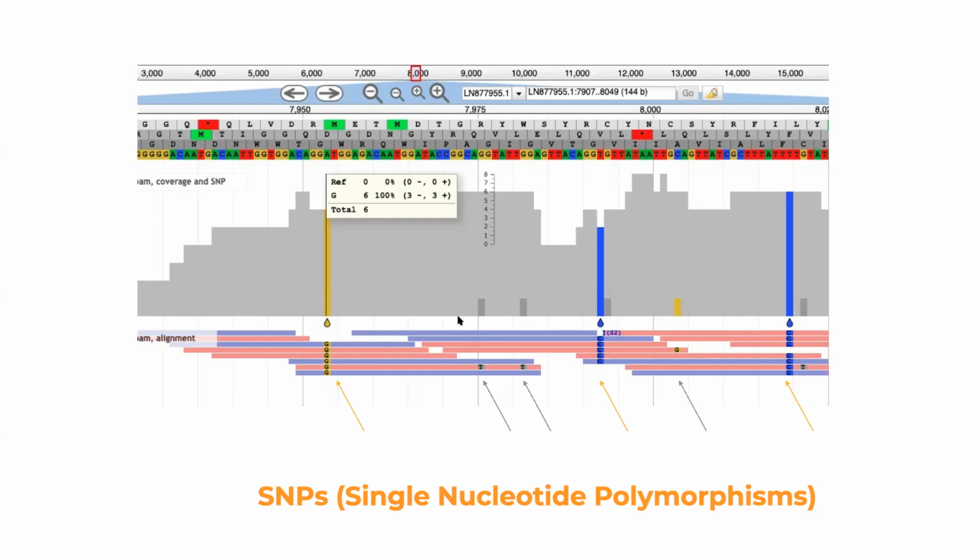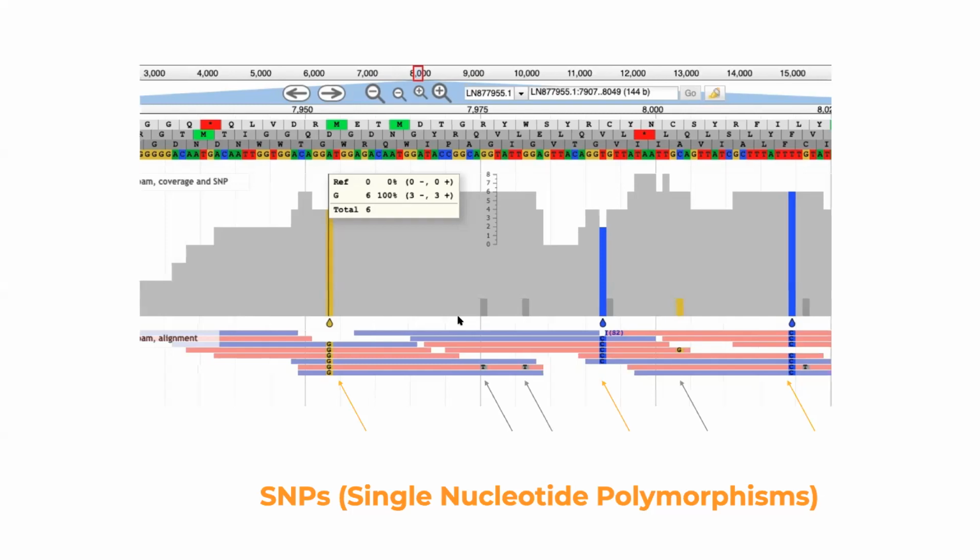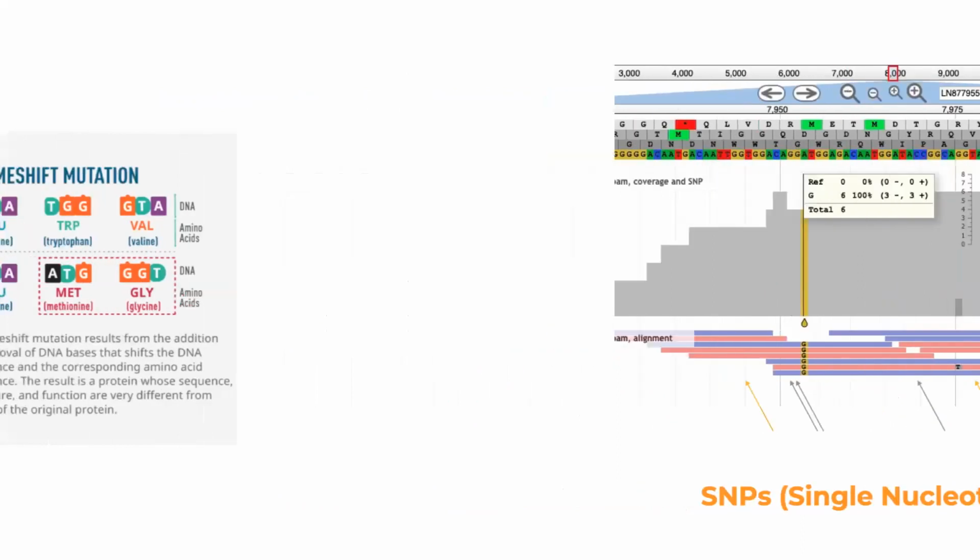Okay, so does all of this make sense? Does anyone have any questions about what we're seeing in this visualization? Okay, so if there are no questions, what types of mutations are there?